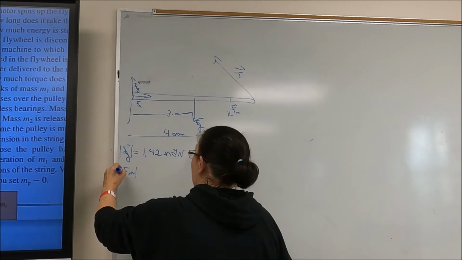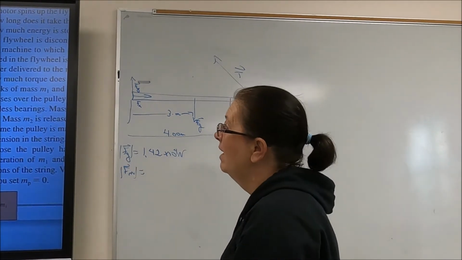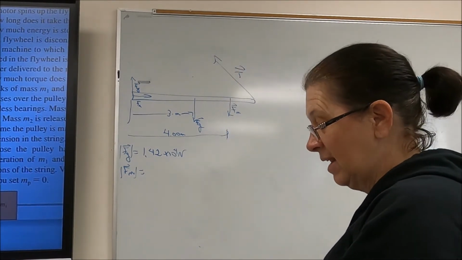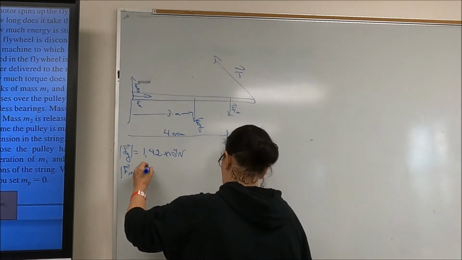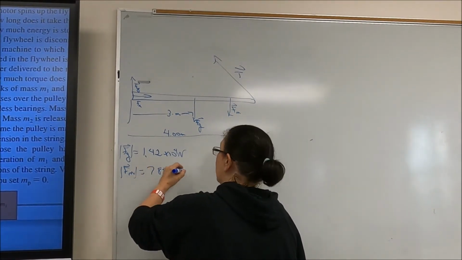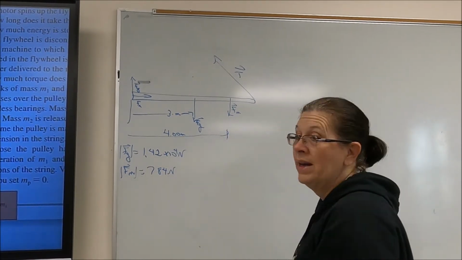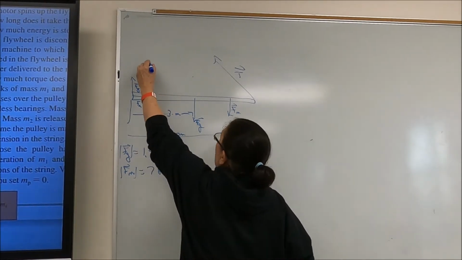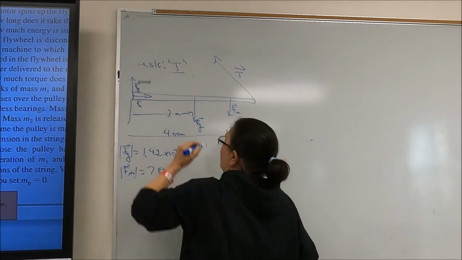The force from the man is equal to the force due to gravity acting on the man, and he was 80 kilograms times 9.8. So that's 784 newtons. Okay, and that's all we know. Now, we are asked T, the tension.